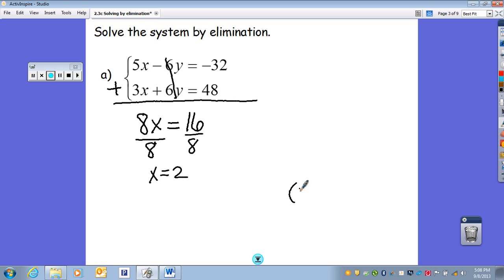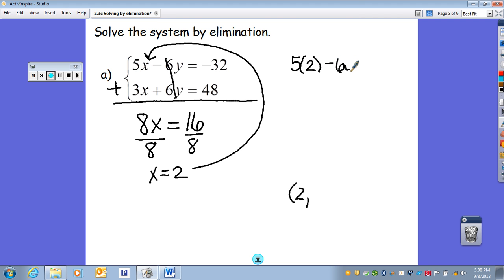That is the first part of my ordered pair for my solution. Now we're going to take the 2 and substitute it back into one of the equations, it doesn't matter which one, and we're going to solve now for y. So I'm going to take out the x and substitute in 2. 5 times 2 is 10.